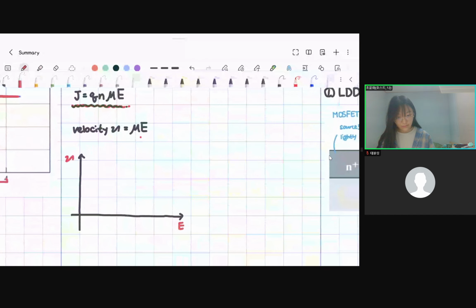We can easily think that the relationship is linear because the slope is mu, the mobility.